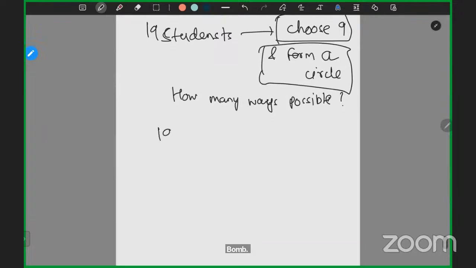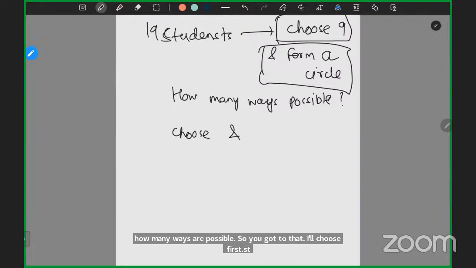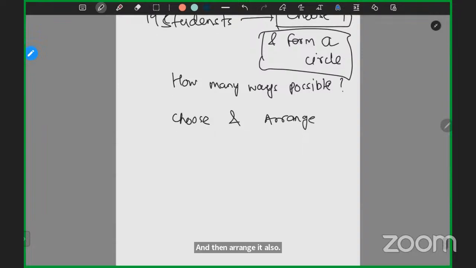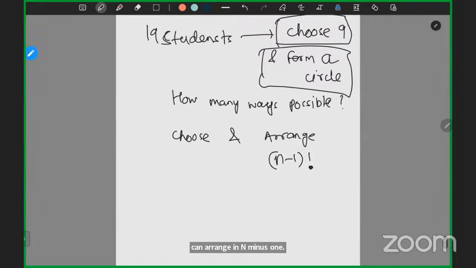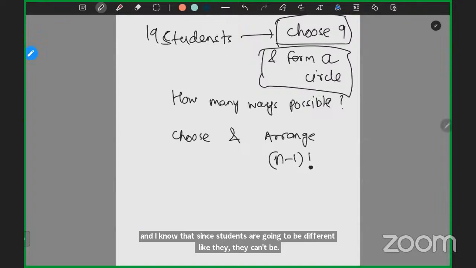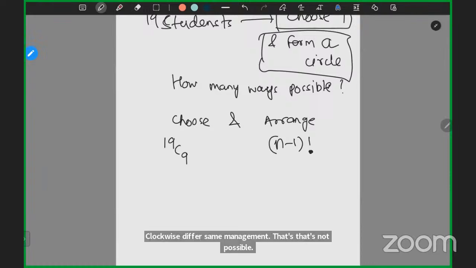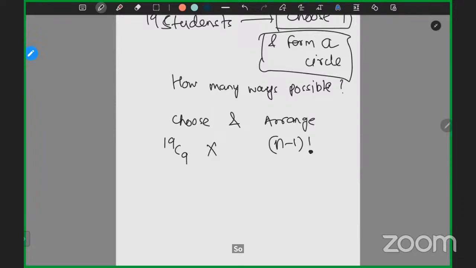So you got that I'll choose first, and then arrange it also. I know that if there is a circular arrangement, I can arrange in n minus 1 factorial ways. And since the students are different, clockwise and anticlockwise are not the same. So the choosing part is 19C9, multiplied by the arranging part, n minus 1 factorial.